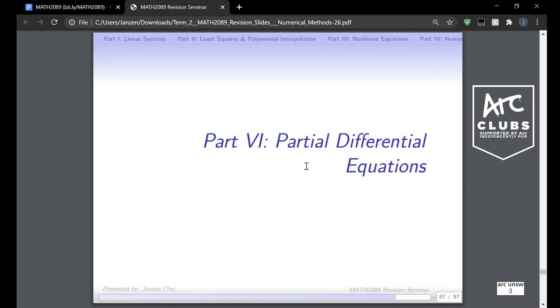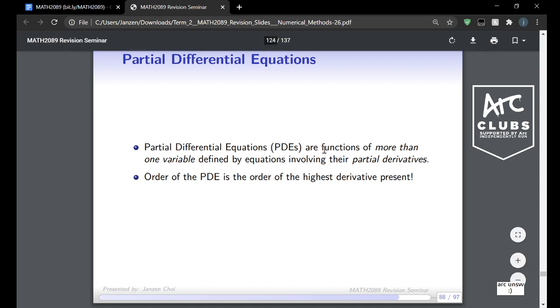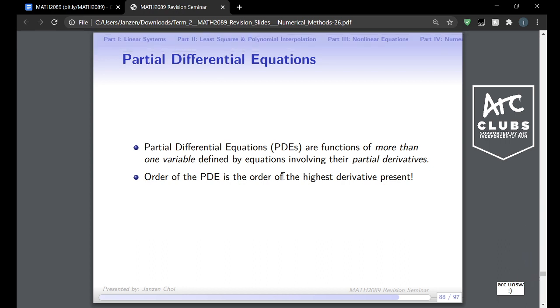Right, final topic, PDEs. Partial differential equations, or PDEs, are basically just ODEs but with multiple variables. As a result of using multiple variables, PDEs will have partial derivatives in their equations.